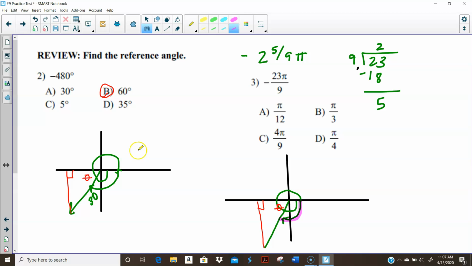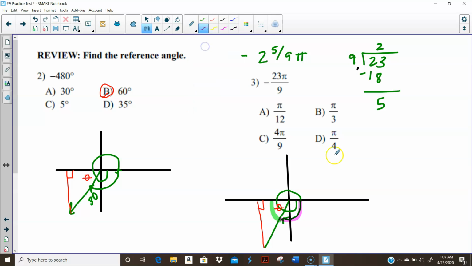So 5/9, then 6/9, 7/9, 8/9, 9/9 is the half circle. So what would that angle there be? That angle right there is going to be 4/9.